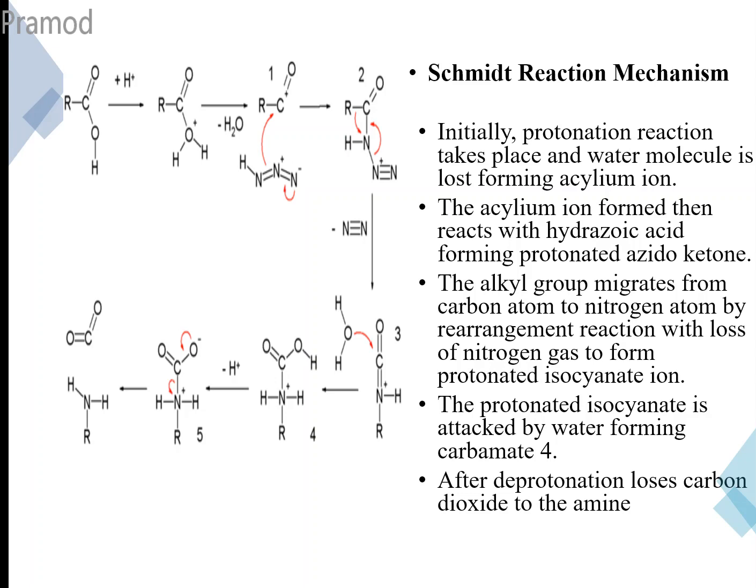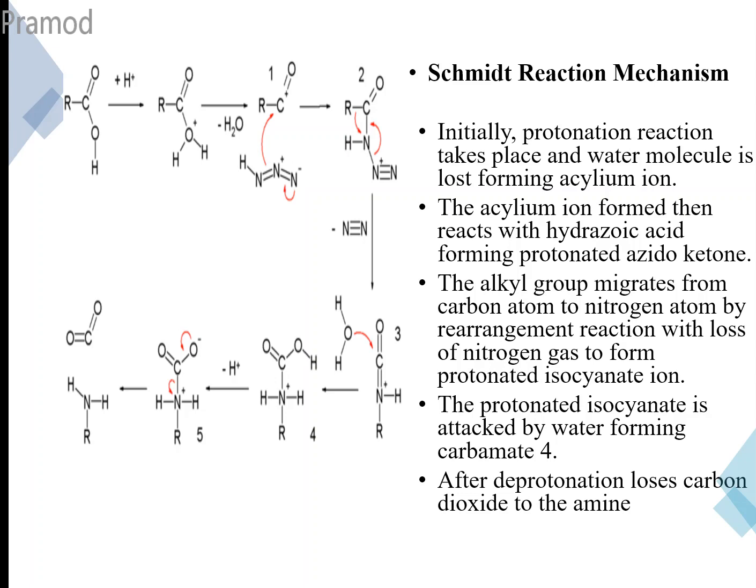Now, the next step is loss of nitrogen, N2. When nitrogen is lost, it leads to the formation of a protonated isocyanate. So what happens with this protonated isocyanate?